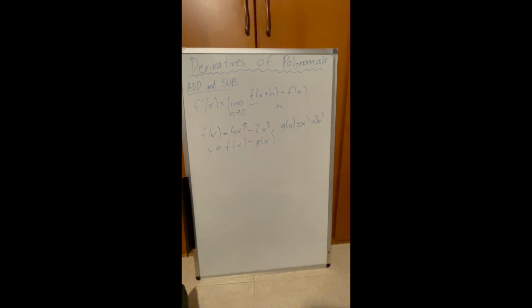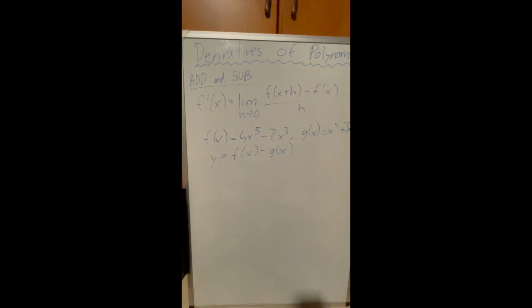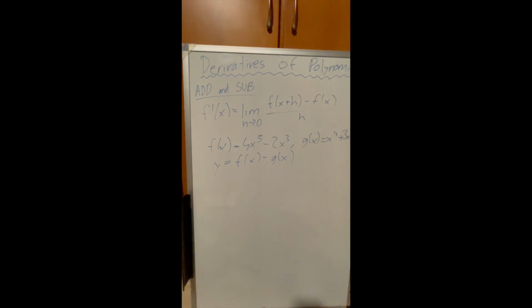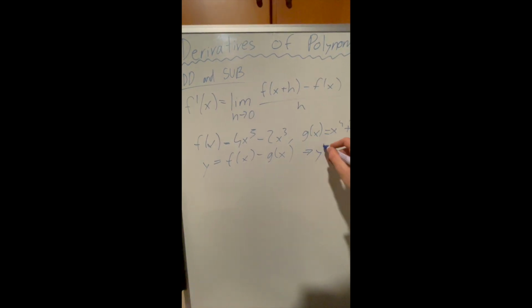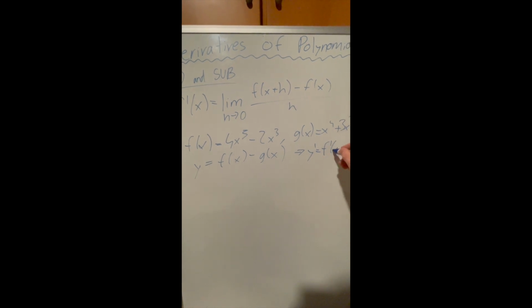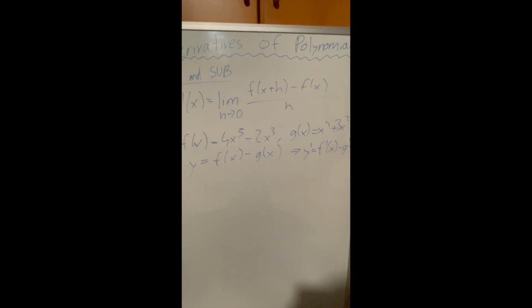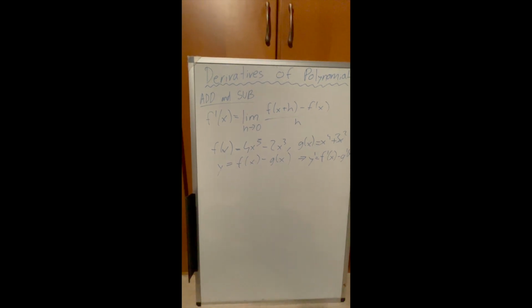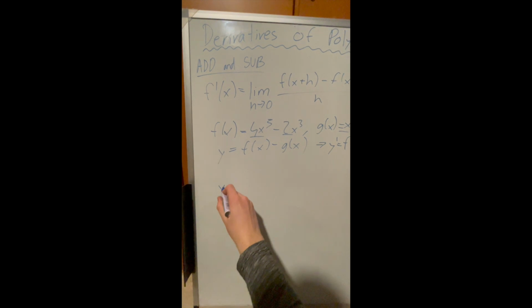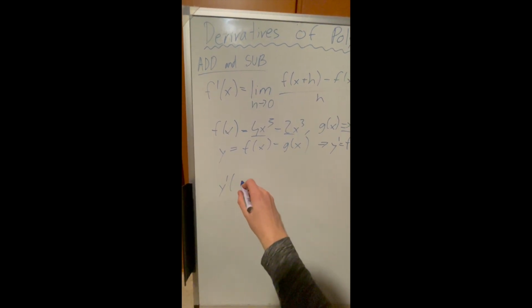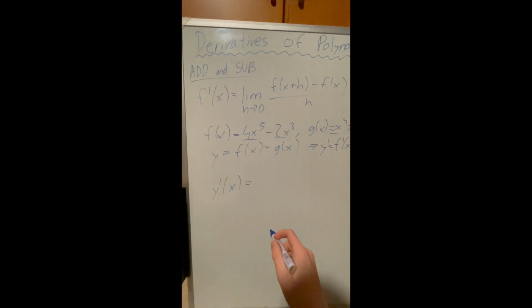So, instead of, as we mentioned before, applying this formula for both of the functions, let's just apply the concept that we know, that this is simply f prime of x minus g prime of x. So, we can solve these individually, and let's just get started. y prime of x is equal to 4x to the power of 5.